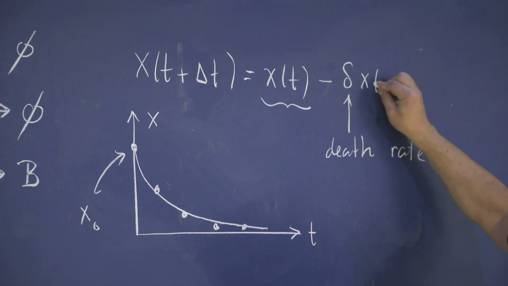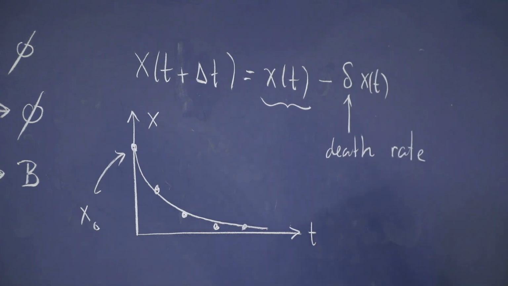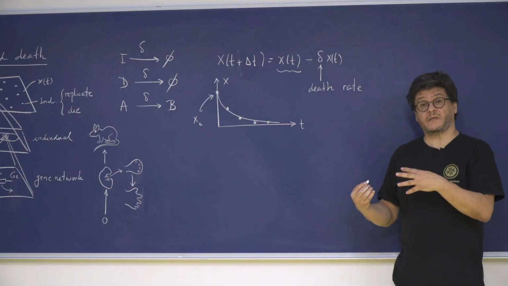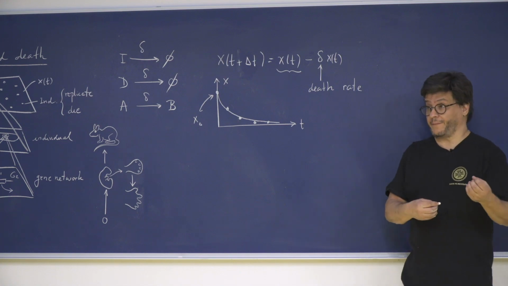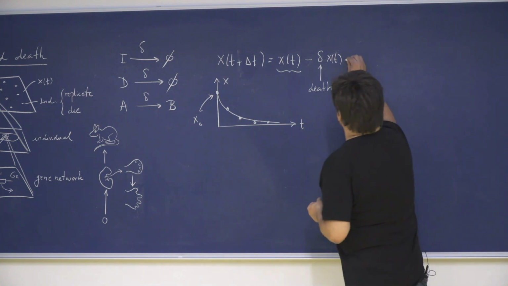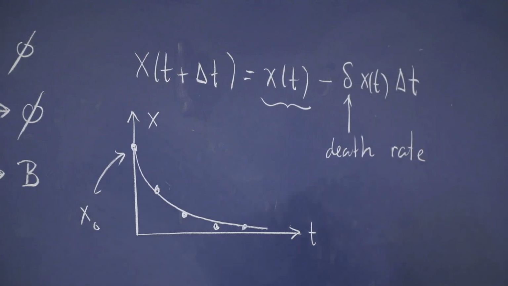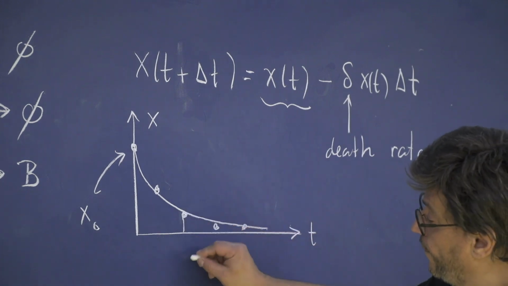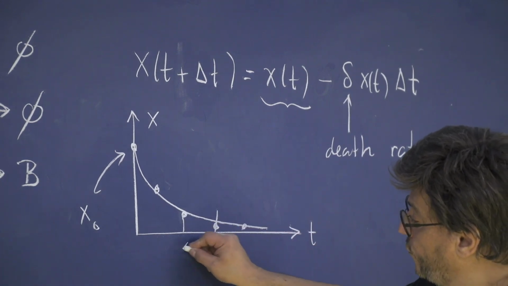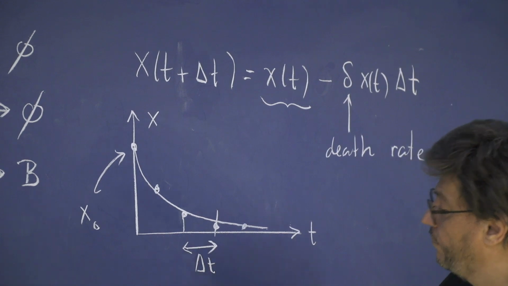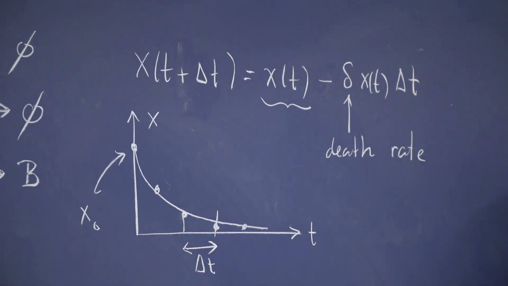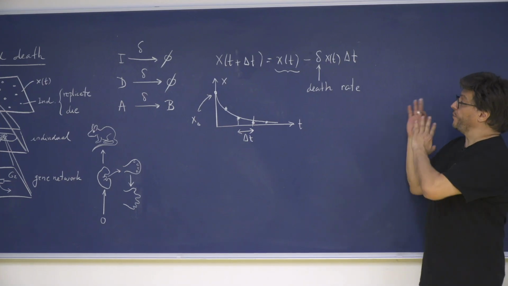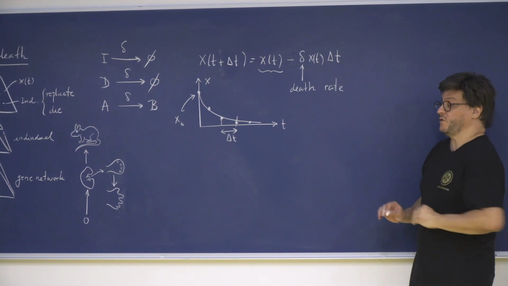Of course, this is proportional to the number of individuals. The more individuals I have, the more individuals die, okay? And of course, I also have to take into account my time window between two given experimental measures, right?